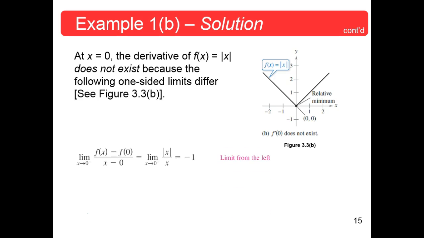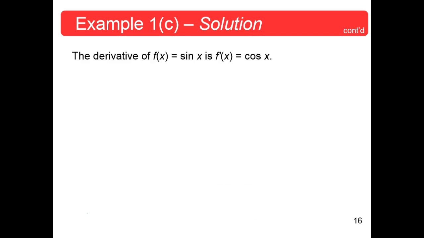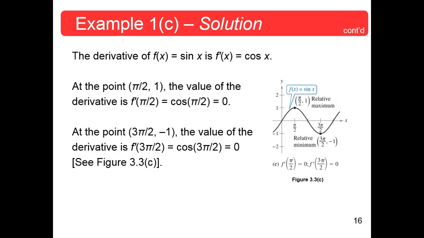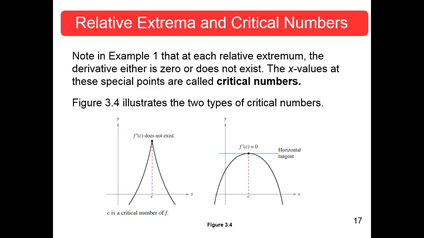Okay? And they did those limits here. And the derivative of that is cosine. And at those 2 points, pi halves and 3 halves pi, cosine is 0. So the slopes are 0 at both of those critical values. So in example 1, at each relative extremum, the derivative is either 0 or does not exist.